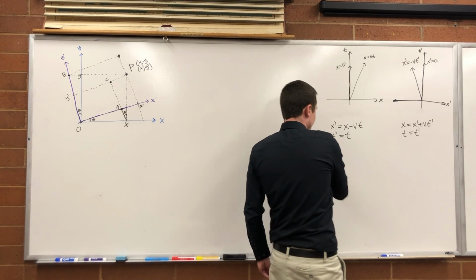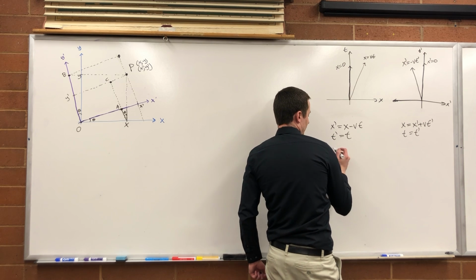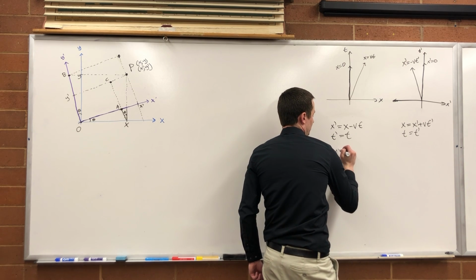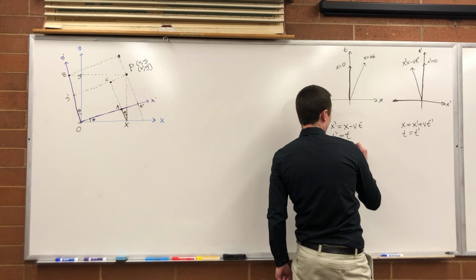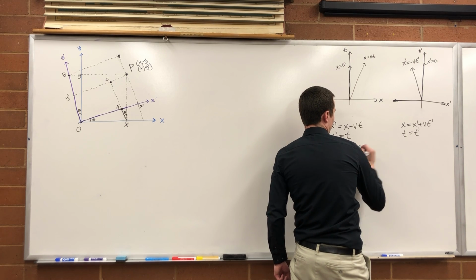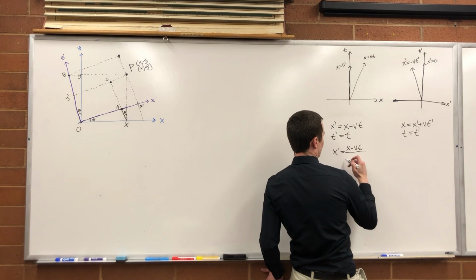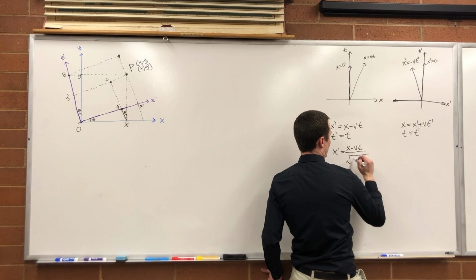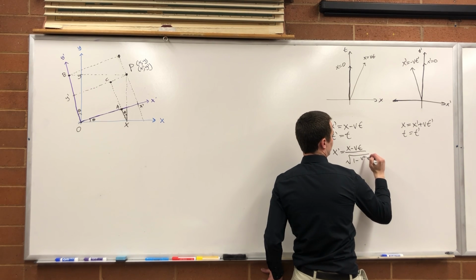So Einstein got to work, and he says, no, actually, if you want to get x prime, it's going to be x minus vt all over the square root of 1 minus v squared over c squared.